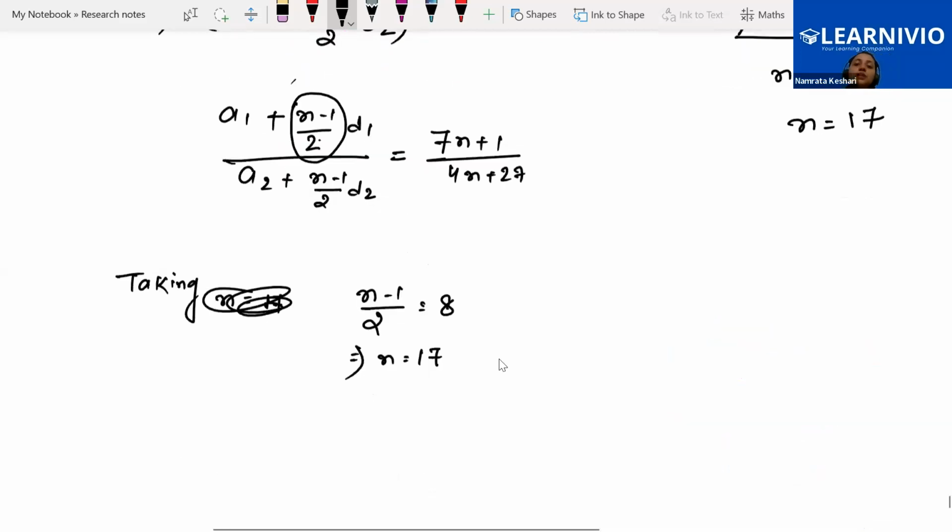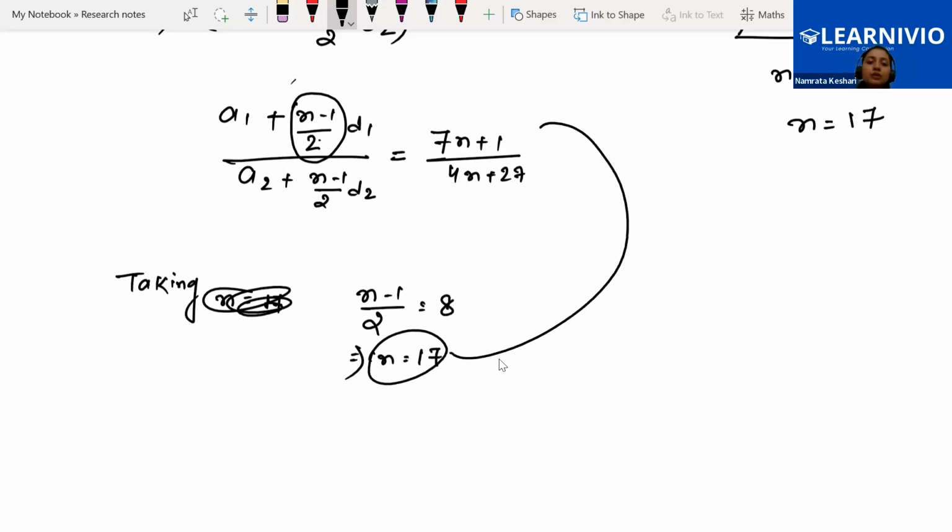To get the ratio between the ninth term, this has to be 8d1, 8d2, and we can make it by doing the substitution. Logically, we are putting such a value of n so that (n minus 1) by 2 will be 8. The same n value we are going to put on the other side also. So here we will have a1 plus 8d1 by a2 plus 8d2, and here we will get a proper ratio in numbers without any n.